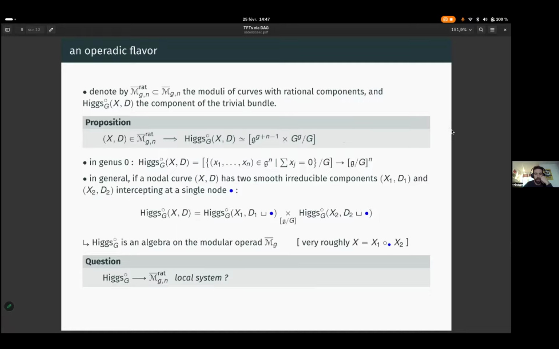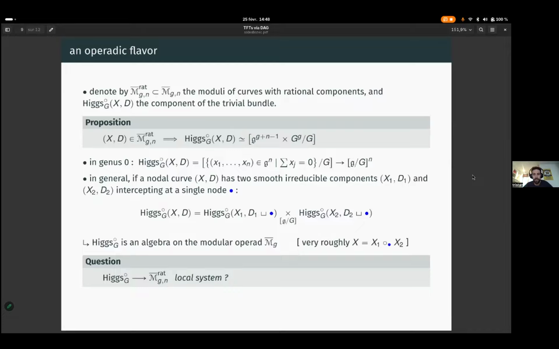So again, taking a look at genus 0, this time I have these n residues that sum up to 0, and my Lagrangian map to some power of g over g. So the title said some operadic flavor. Where does it come from?